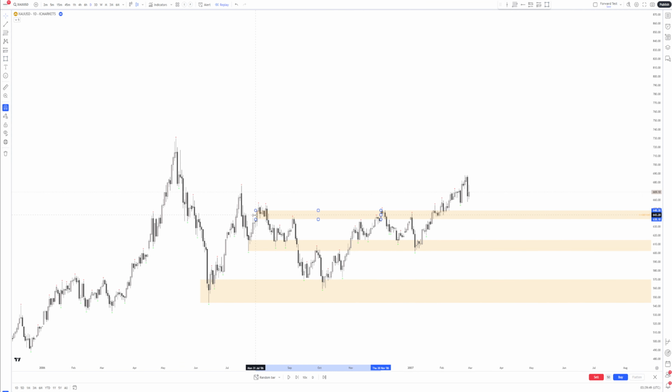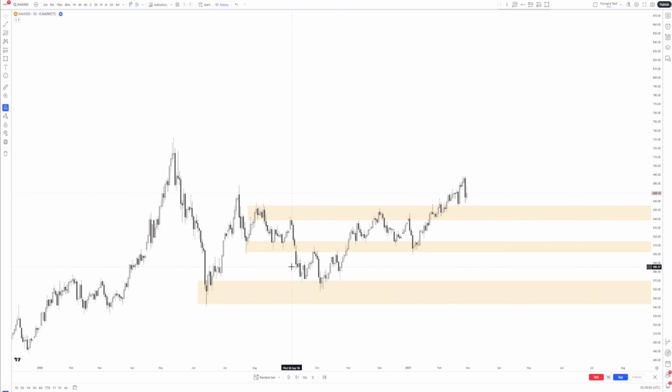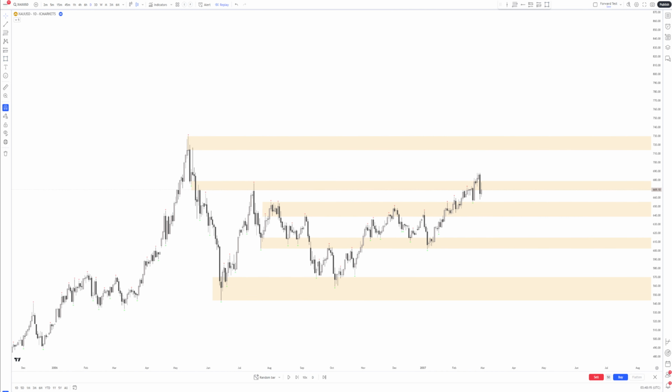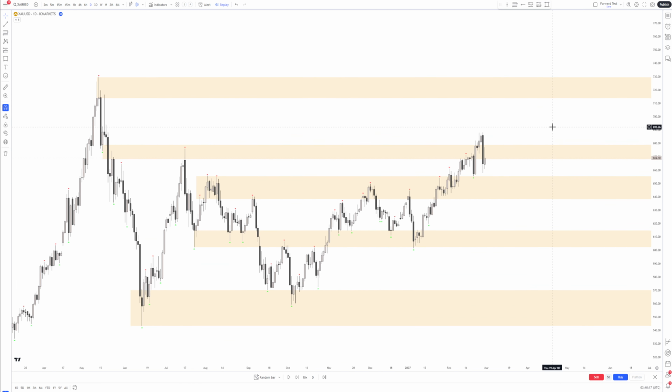You can see that price did have some solid reactions from this point, where price of course had multiple rejections before it broke out. And let's put another one here. You see price broke above, and then one more there, which is a resistance point.